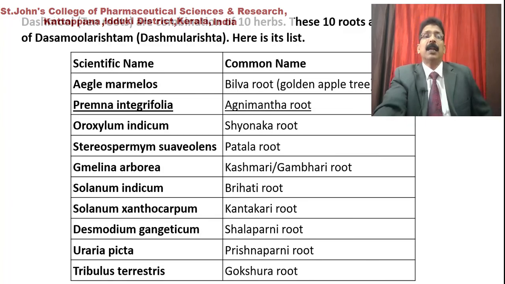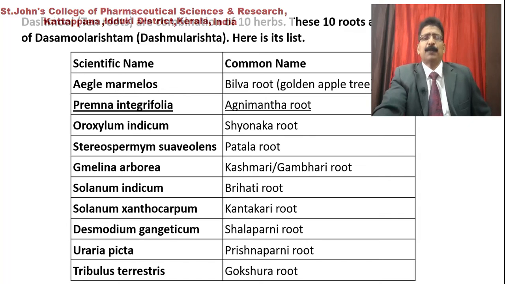The constituents you can see are Aegle marmelos, that is bael roots, Premna integrifolia, Oroxylum indicum, and many other constituents and roots.